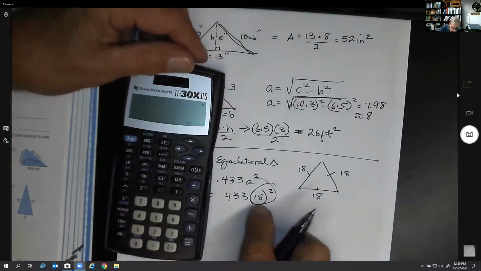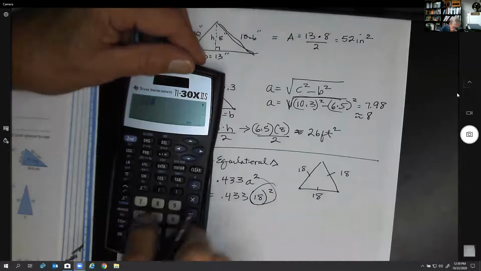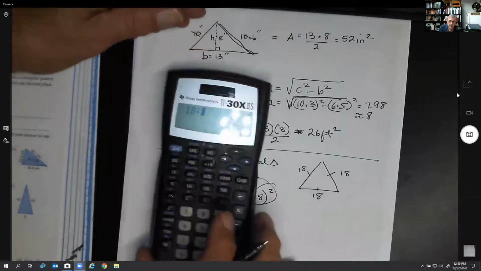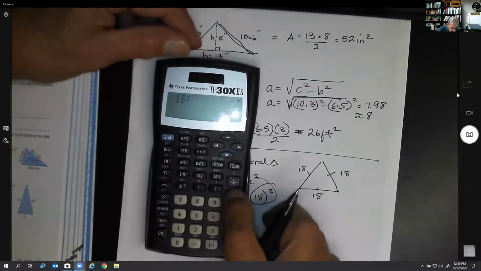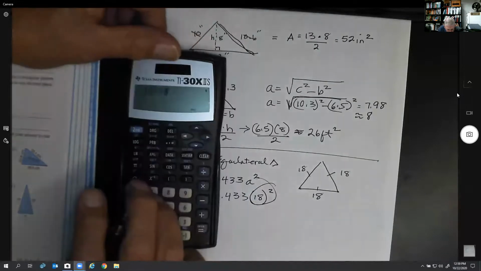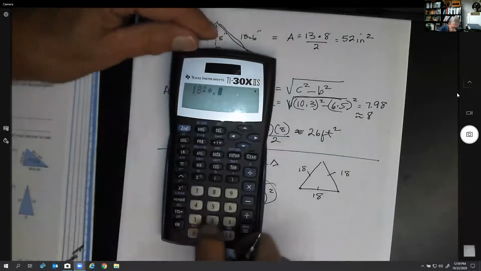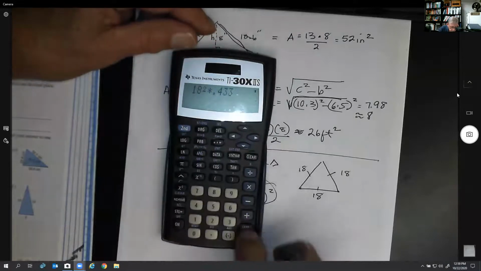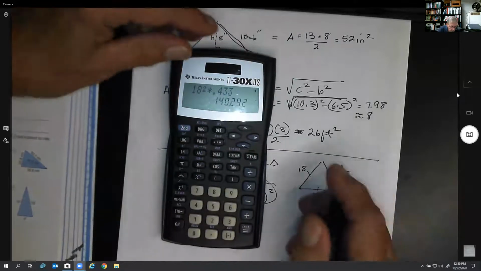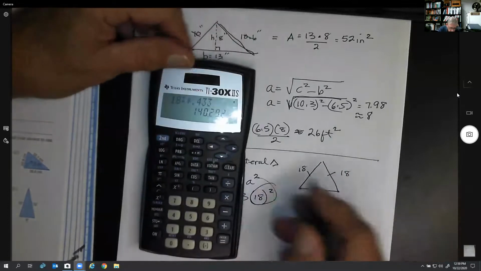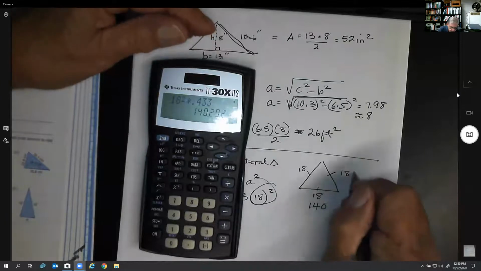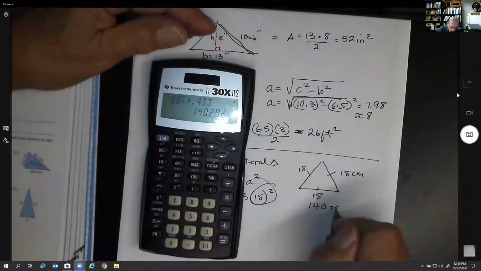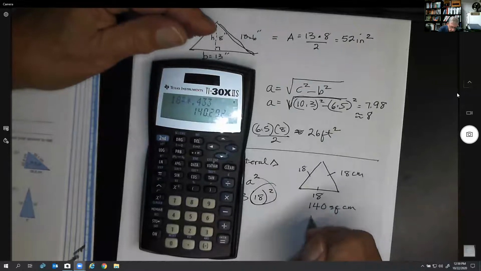So you always power first, 18 squared, then times 0.433. 140.292, we just rounded it to 140 roughly. 140 square centimeters, or 140 centimeters squared.